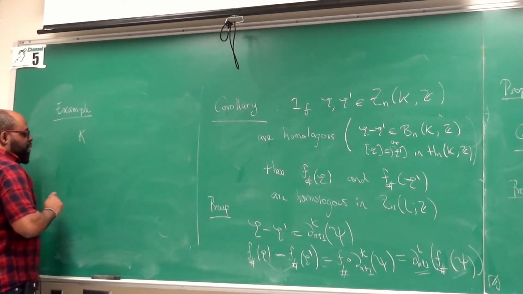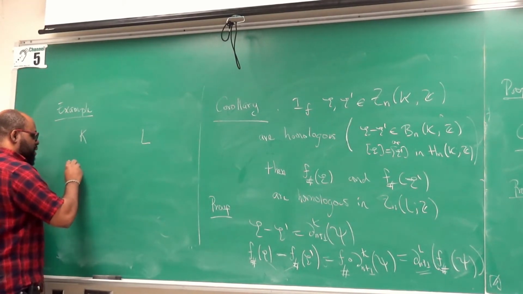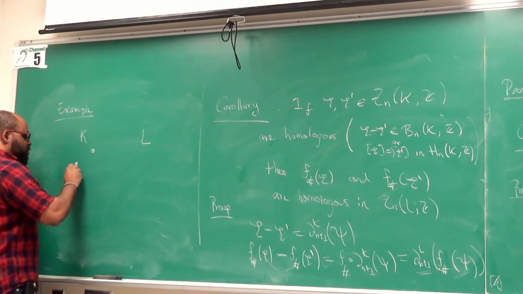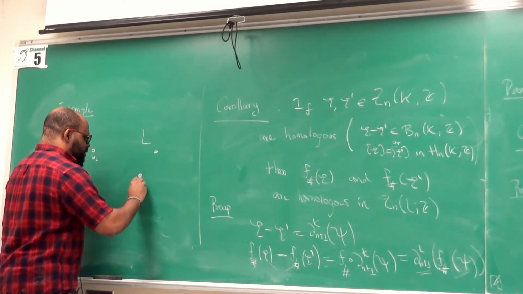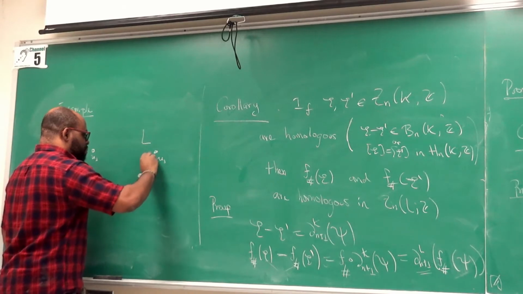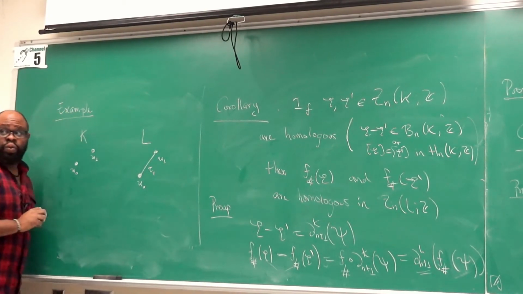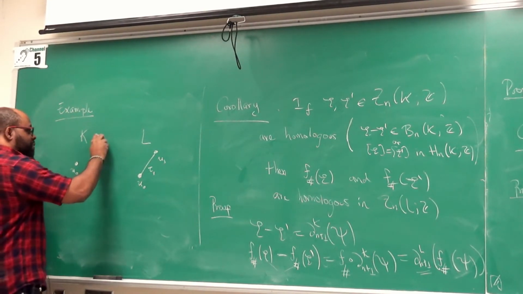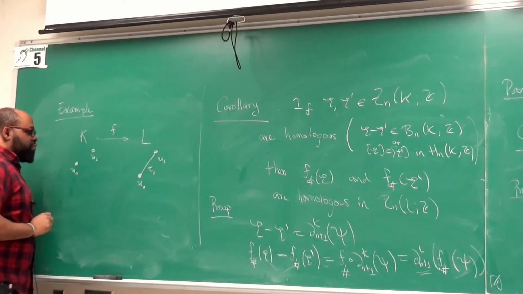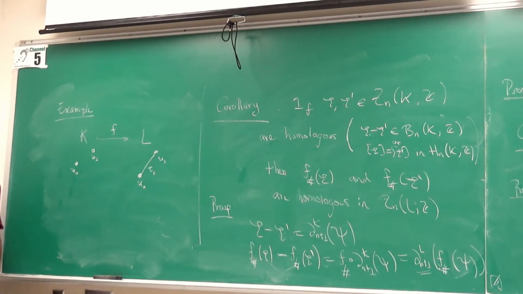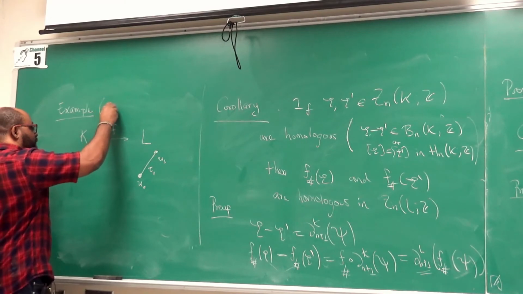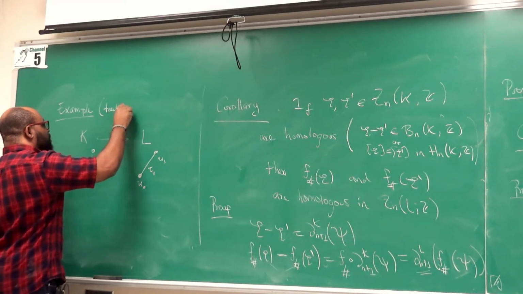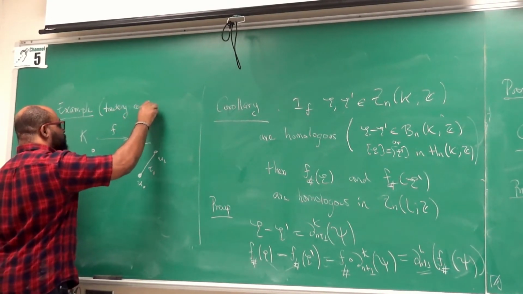Suppose that your simplicial complexes K and L are just two vertices like that, and L is the two vertices plus this edge, tau 1, and that my F is going to be the inclusion of one into the other. Okay? So this example is sort of tracking connected components.